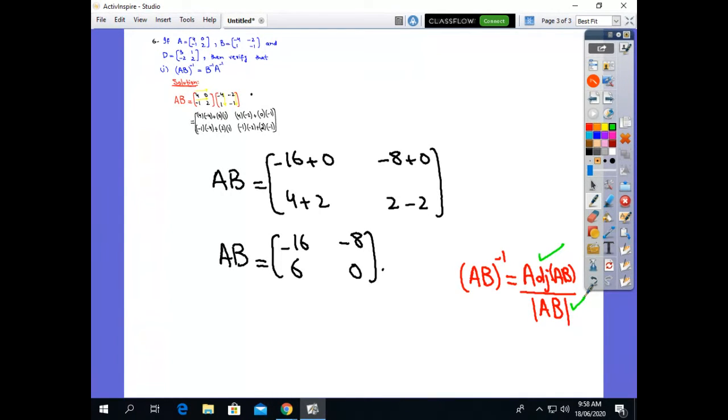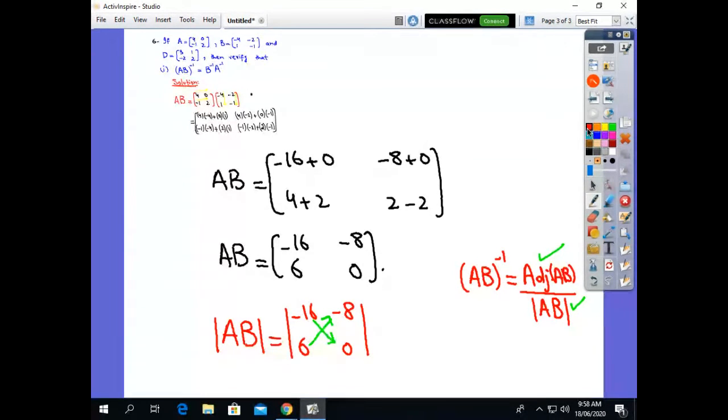First of all, we find the determinant of AB. How do we find the determinant of AB? Negative 16, negative 8, 6 and 0. We multiply the principal diagonal values, there is a negative sign in between, and multiply the other diagonal values.